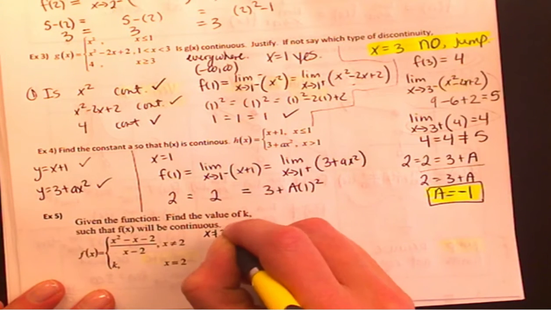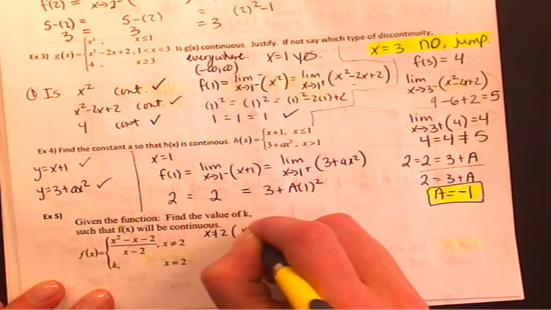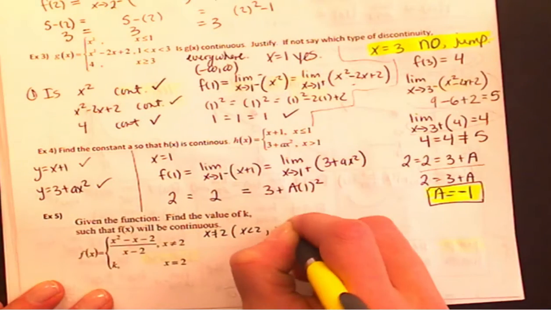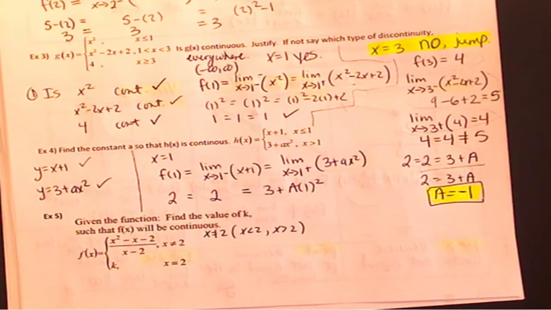X not equal to 2 is really x less than 2, x more than 2. That's what not equal to 2 means.